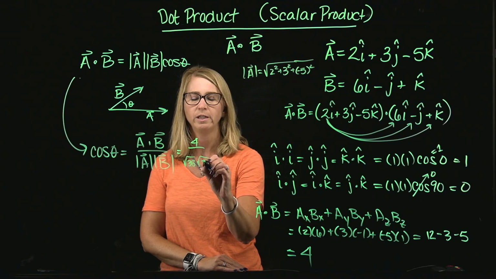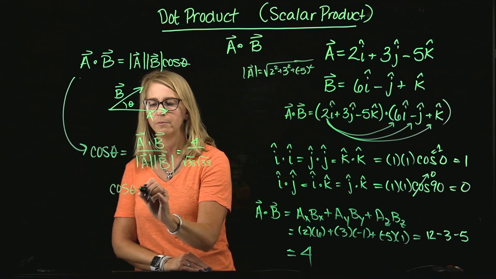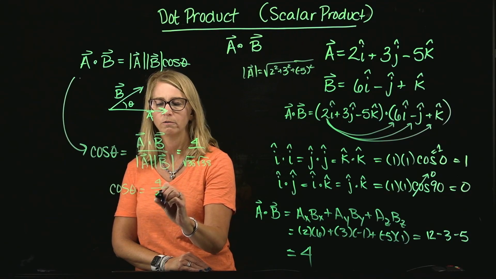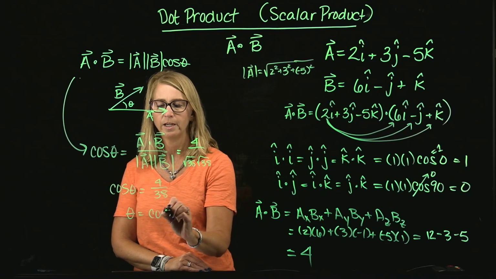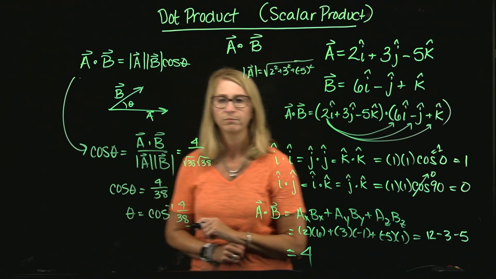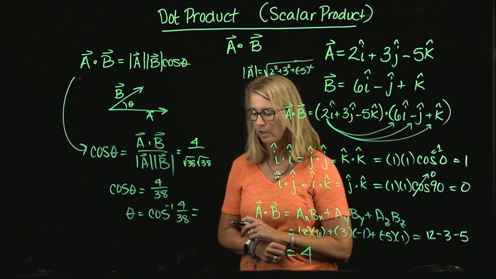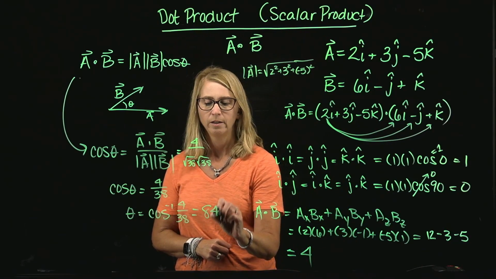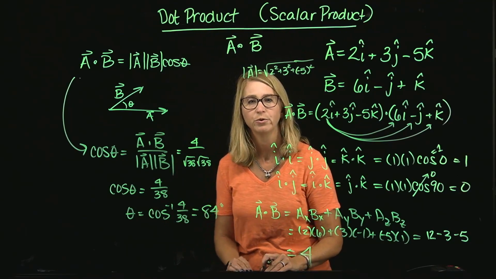The magnitude of B is the square root of 38. So the cosine of theta is 4 over 38, or we could write it as theta is the angle whose cosine is 4 over 38. And if I whip out my handy calculator, I find that that angle is 84 degrees. And that's how we can use the dot product.